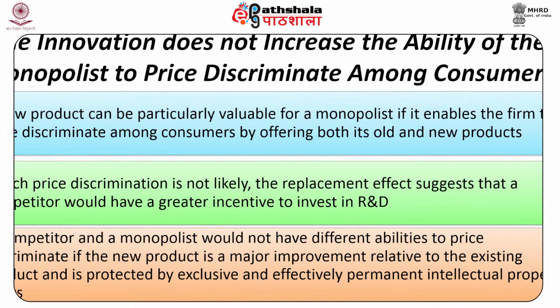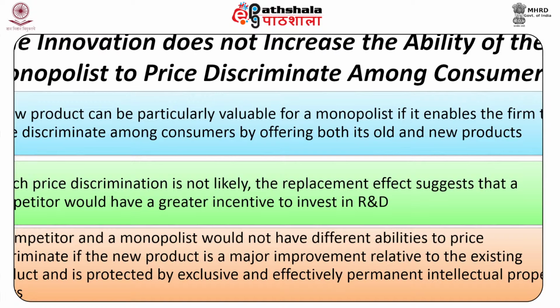The innovation does not increase the ability of the monopolist to price discriminate among consumers. A new product can be particularly valuable for a monopolist if it enables the firm to price discriminate among consumers by offering both its old and new products.